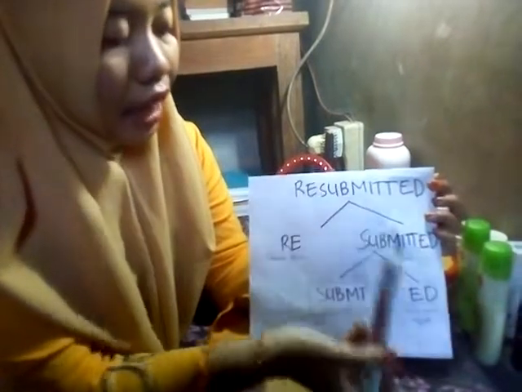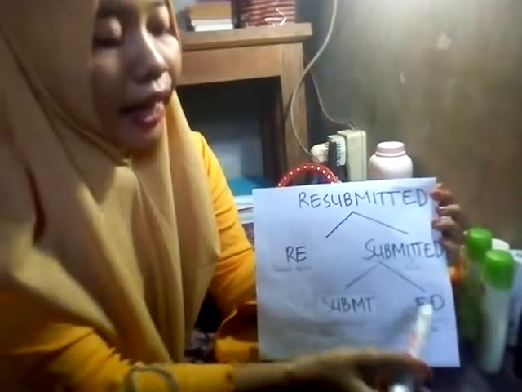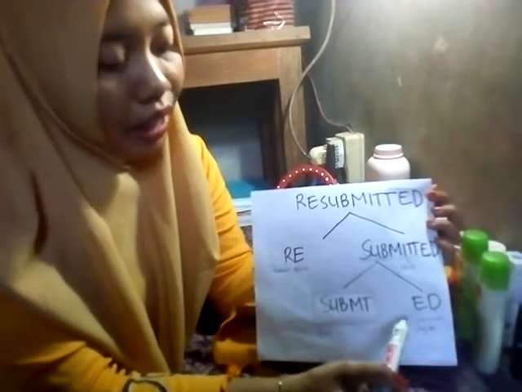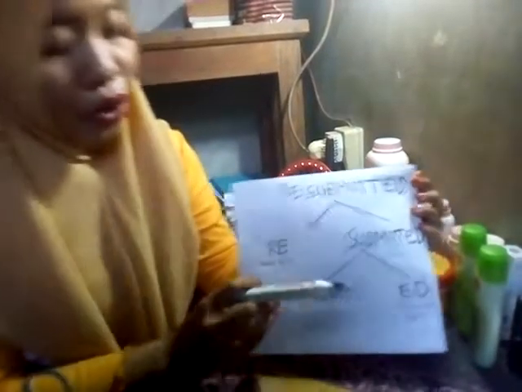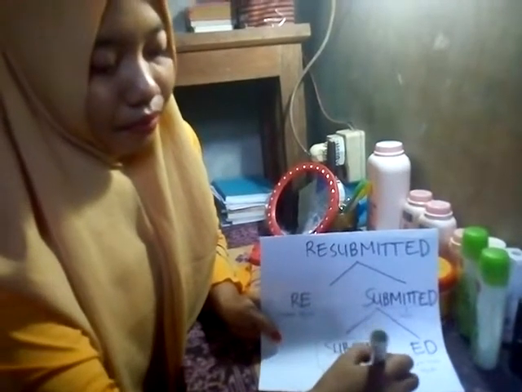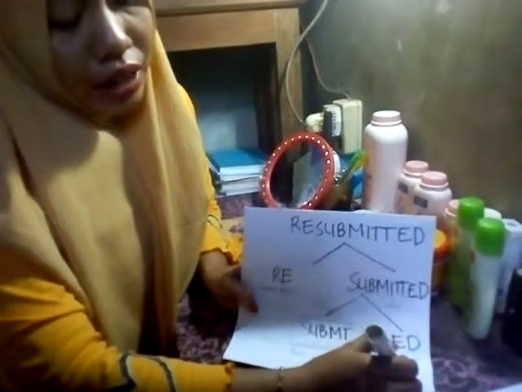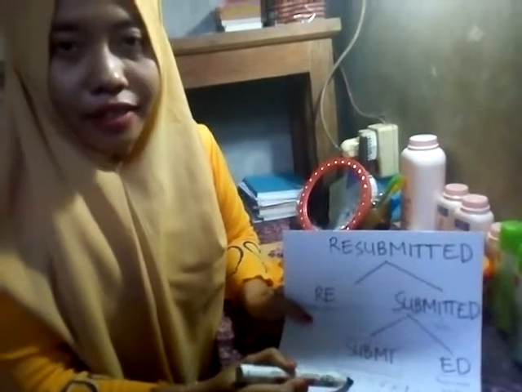Get the point? And then submitted is formed from submit and ed. Ed here is a kind of inflectional affix. So submit here is root or stem, because an inflectional affix is added. Get the point?